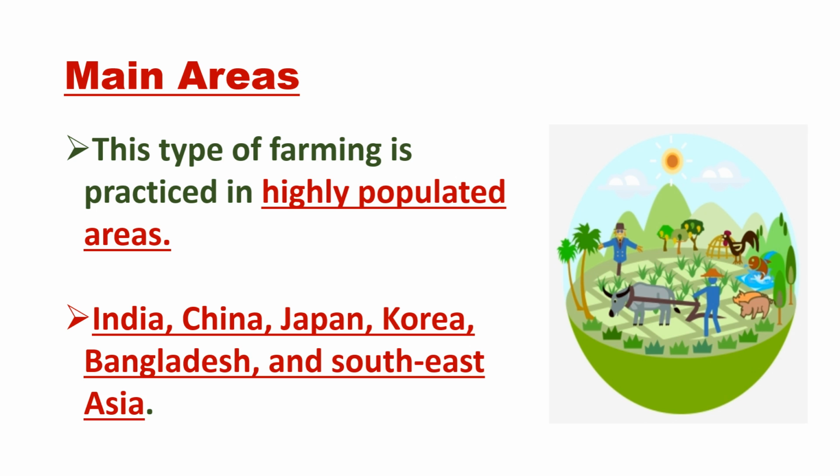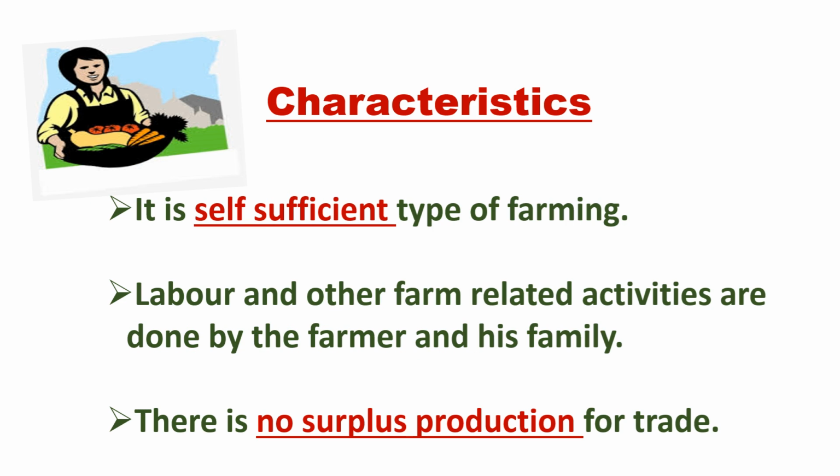So in these countries, particularly, which have highly populated regions, this particular type of farming is practiced. Then characteristics: it is self-sufficient farming, means labor and other farm related activities are done only by the farmer and the family, and there is no surplus production, means it is not profit based. As I've already told you, it is need based.